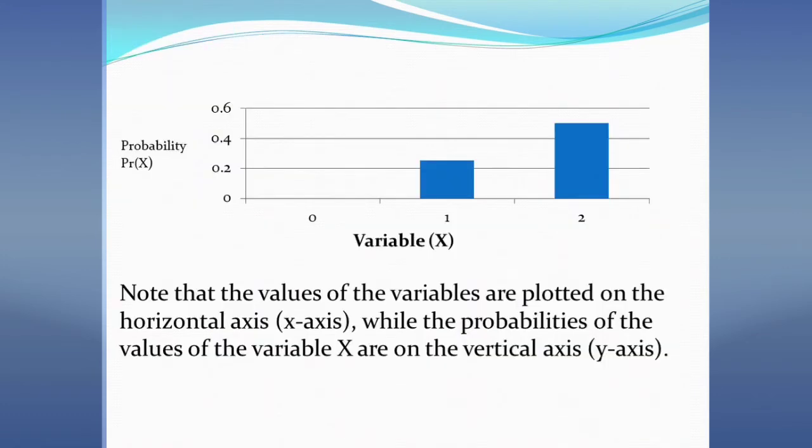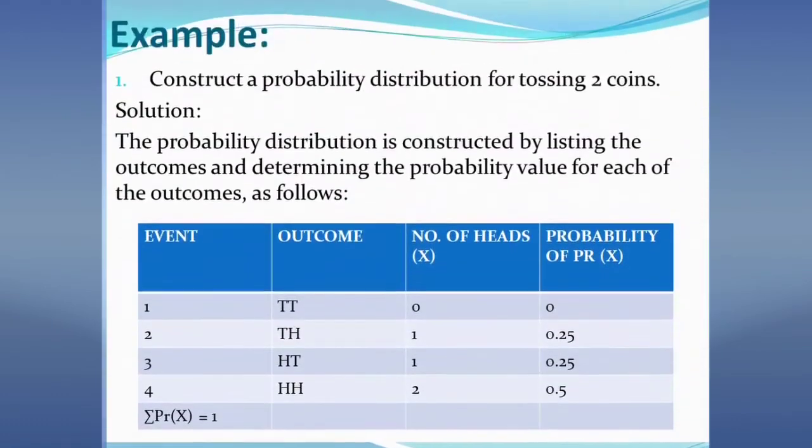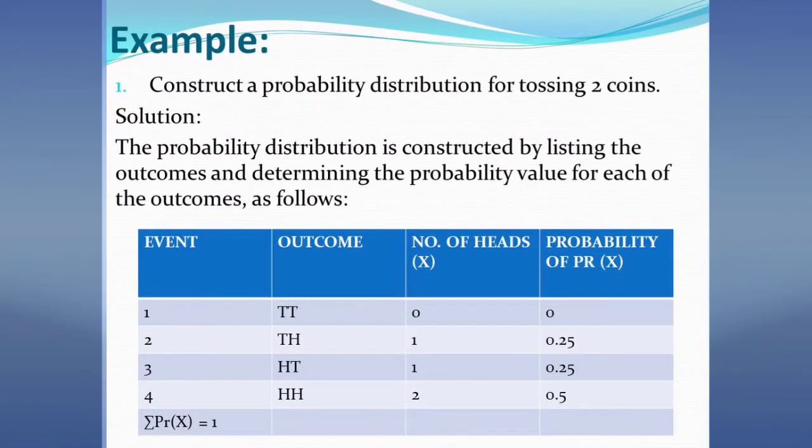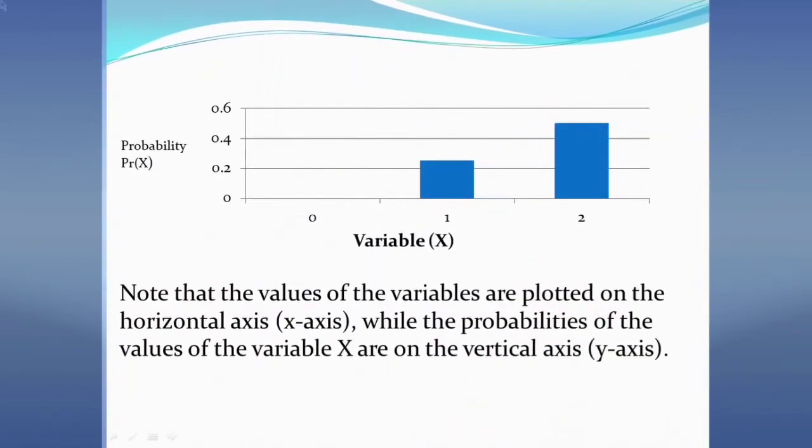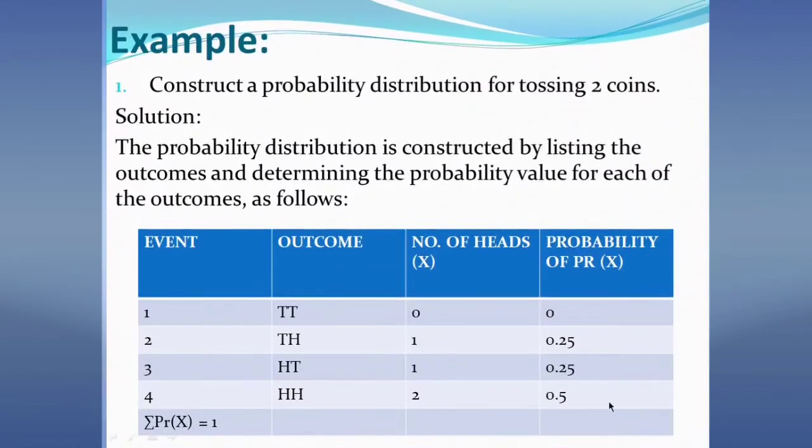In constructing a probability distribution, gagawa po tayo ng sarili nating histogram based doon sa possible outcomes. Sa given table, yung 0 ay wala na. Sa 1, pareho siyang 0.25, so isa na lang.